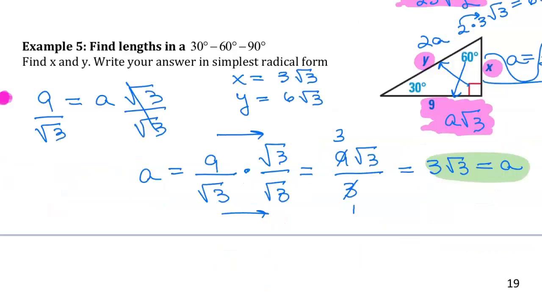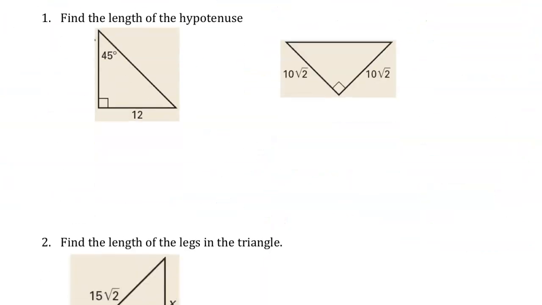Let's continue. Here's some extra practice. So this says find the length of the hypotenuse. Okay, it's a 45, 45, 90 triangle. You've got to recognize that first. Then I want you to label it A, A, A root 2. They only want this length.